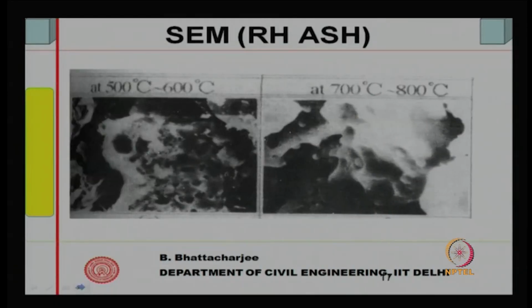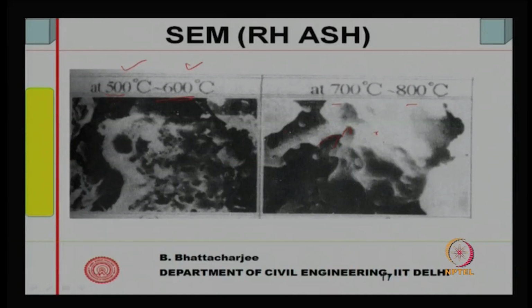Now, rice husk ash, if you see, turns out to be cellular in nature, there are cells. So, this is not rounded shape anymore, but you can see the cellular structure become visible, and that will depend upon at what temperature they have been burnt, 700 to 800 degrees centigrade, this is 500 to 600 degrees centigrade.